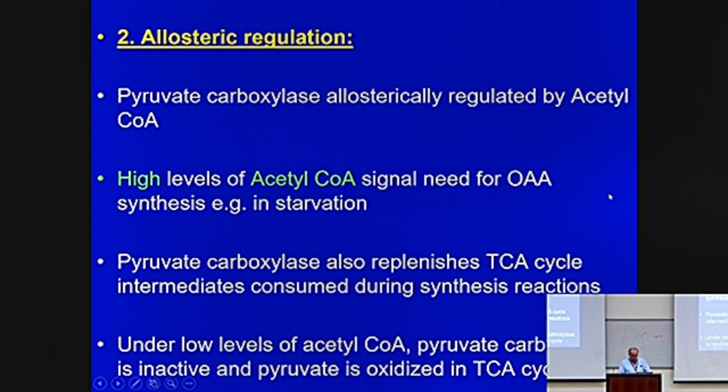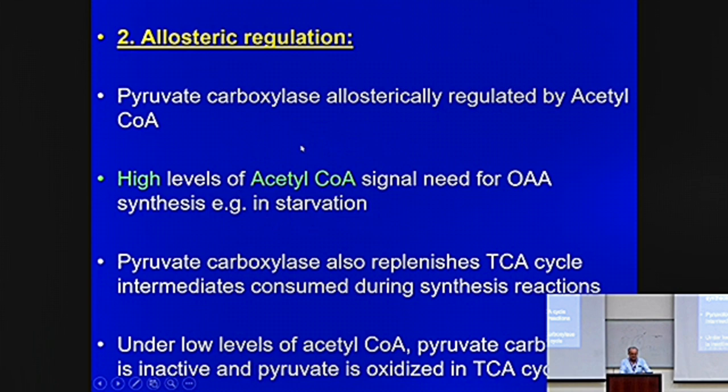One of the most important allosteric regulators of pyruvate carboxylase, that enzyme we just covered, is acetyl-CoA. Small molecule, typically produced from beta oxidation of fatty acids in the fasting state.